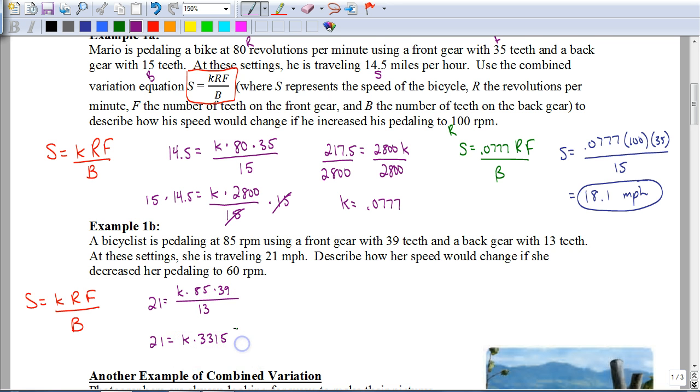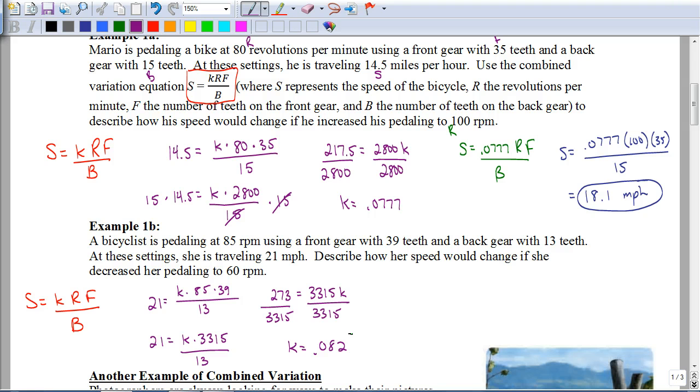All divided by 13. Multiply both sides by 13. That gives me 273 equals, right like this, 3,315 times K. Divide both sides by 3,315. Gives me a value K of 0.082 approximately.